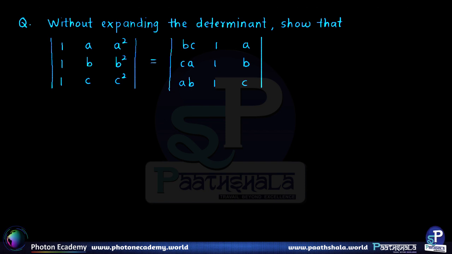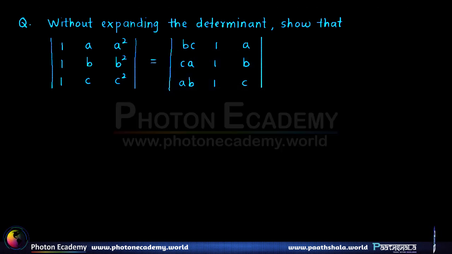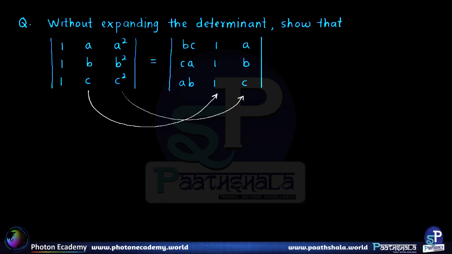Now if we compare the elements of both the determinants, we will see that the second column changes to 1 1 1 and the third column changes to A B C. So that means as if they are getting divided by the corresponding elements.